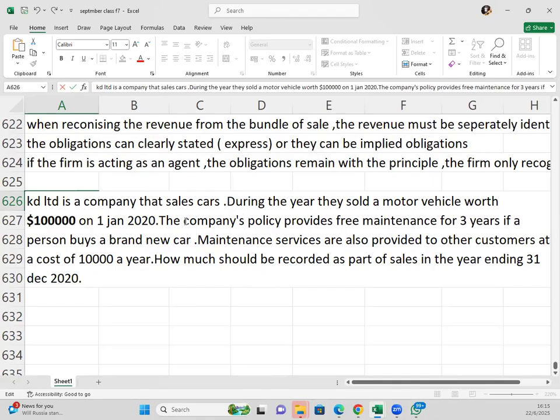It's part of the company's policy. The company's policy provides free maintenance for 3 years if a person buys a brand new car. Maintenance services are provided to other customers at 10,000 a year.